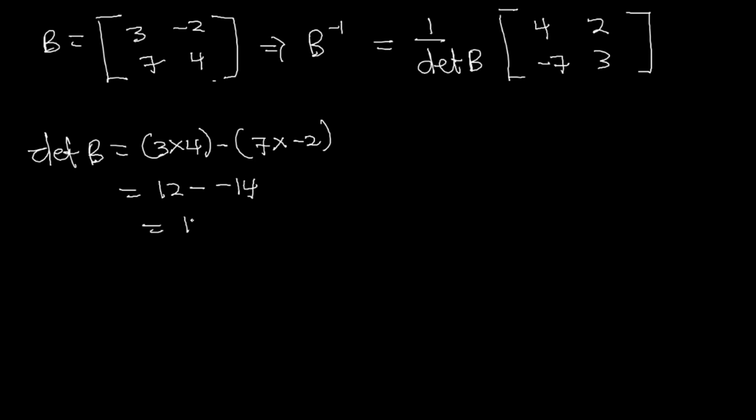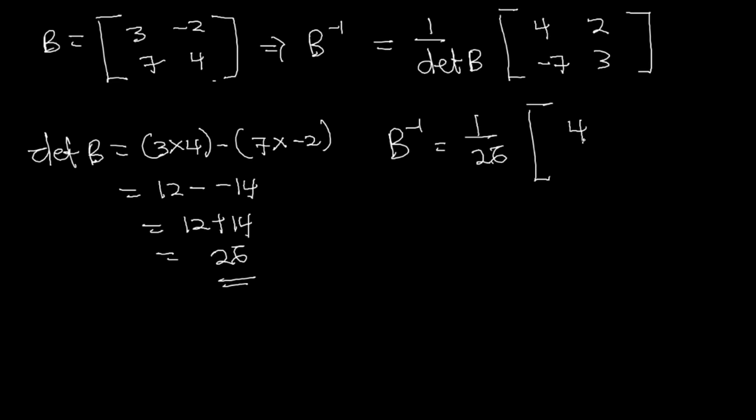So this becomes 12 plus 14, and that is equal to 26. So our determinant of B is 26. Which simply means our inverse of B is equal to 1 over 26 multiplied by 4, 2, negative 7 and 3.